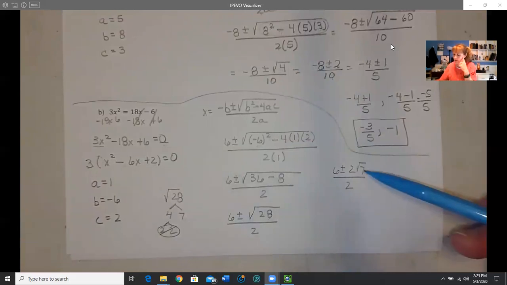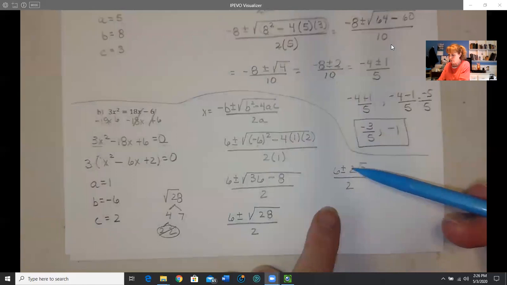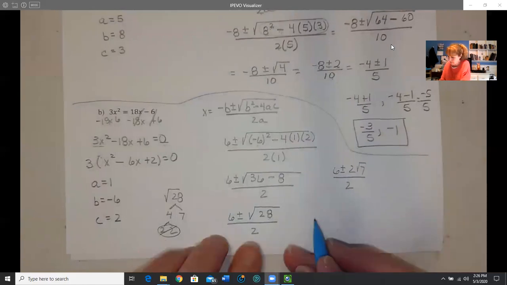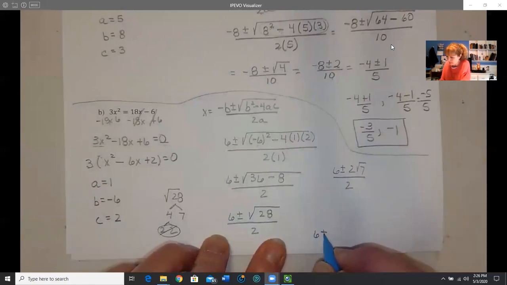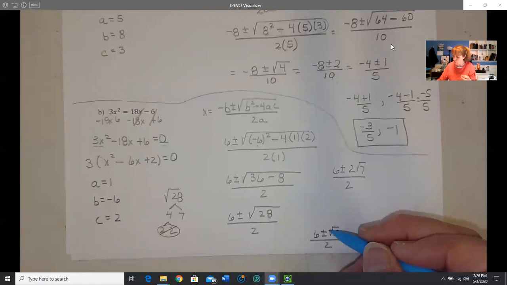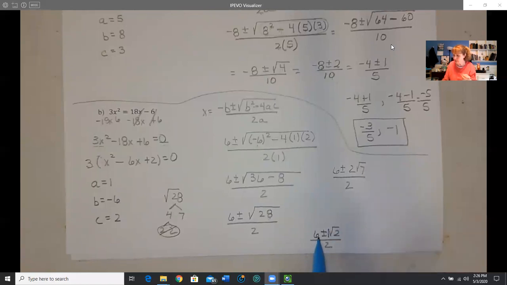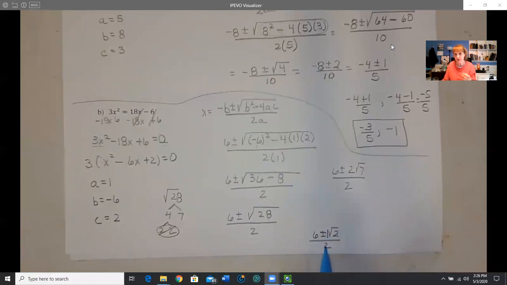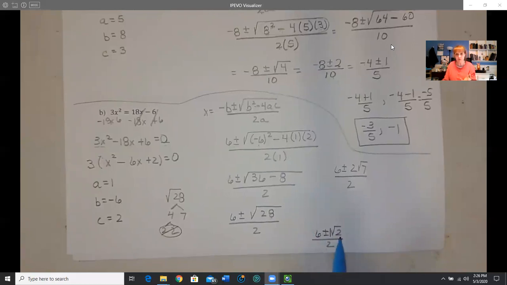If I had instead had 6 plus or minus the square root of 2 over 2, where that 2 was inside, this cannot be reduced because you have a 1 outside and you have to reduce 6, 1, and 2. If it's inside, it's not part of the reducing. It can't be because it's in a radical. So you can only reduce numbers that are outside of a radical.